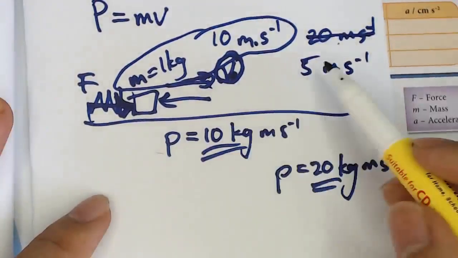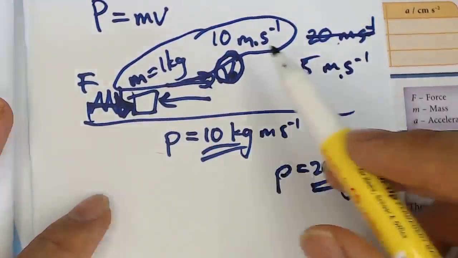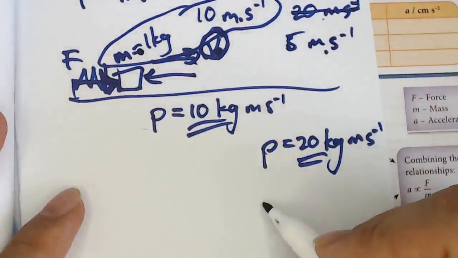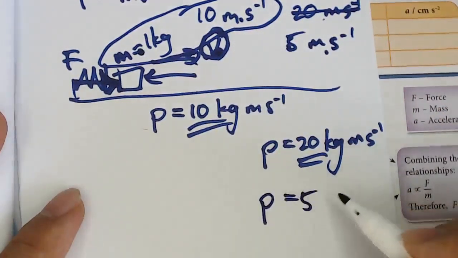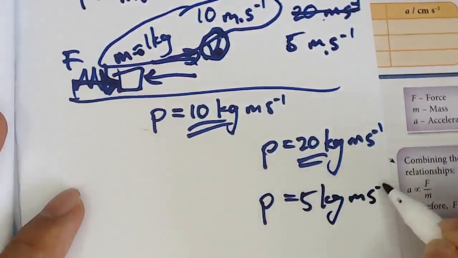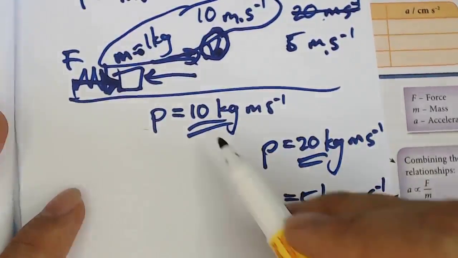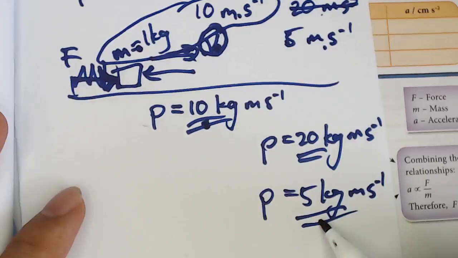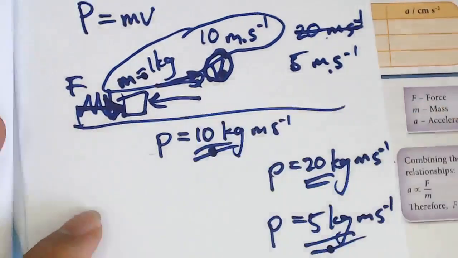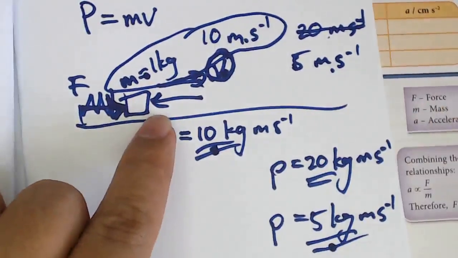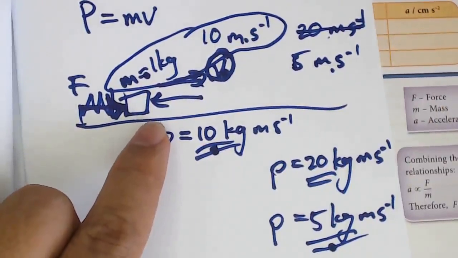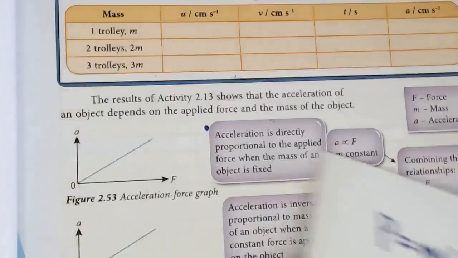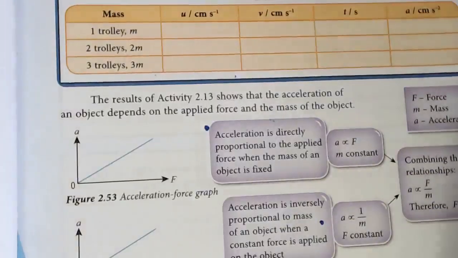You do the same to find the momentum. 5 multiplied by the mass, 1 kilo, and at last you'll have 5 kilogram meter per second. See, before the momentum is 10, now it is 5. This explains to us how force can change the momentum. Okay, you understand? Simple pimple.